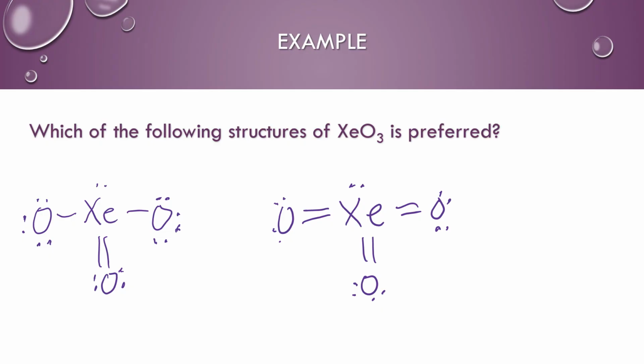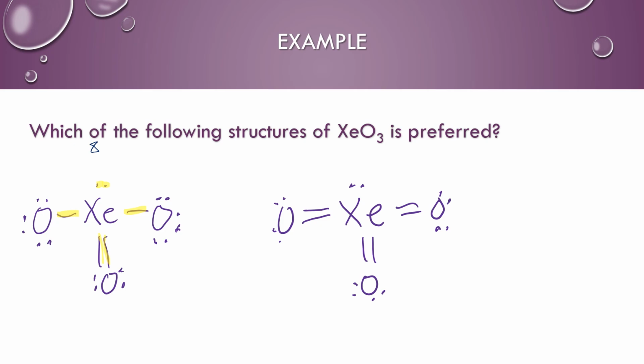Okay, so for this question, which of the following structures of XeO3 is preferred? We need to use formal charge for this. So xenon, let's do the xenons first so we can see. Xenon has 8 because it's a noble gas normally. And right now it has 1, 2, 3, 4, 5, 6 electrons assigned to it.